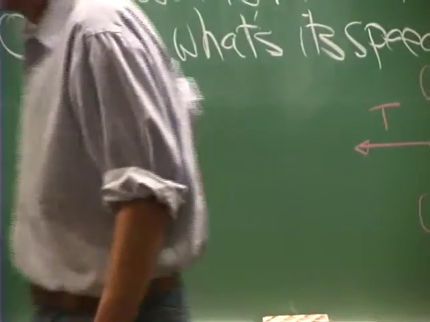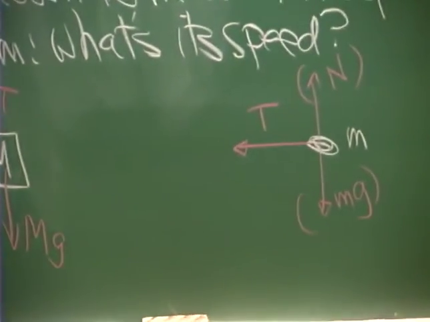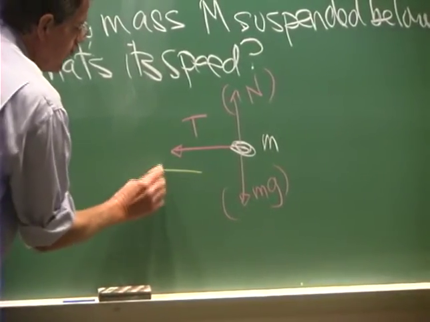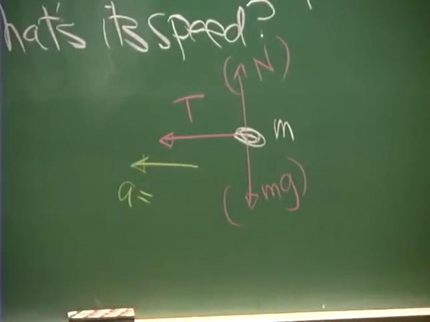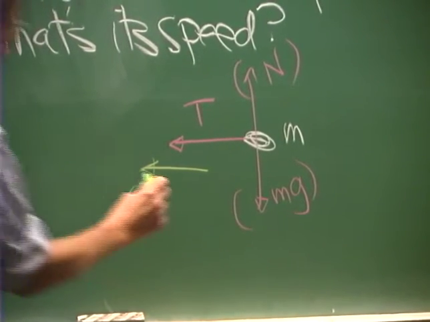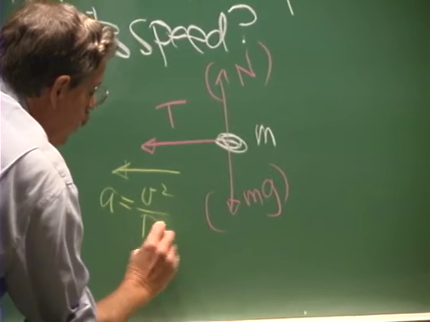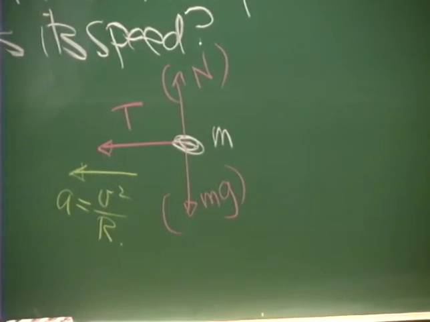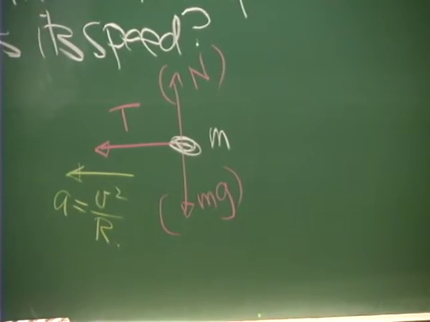Now, today, acceleration is green. I'm going to draw in here the direction of the acceleration and the amount of the acceleration, which you quoted for me: since this thing is going in a circle, the acceleration is v squared over r. But that's in green to remind me that's not another force, that's the consequence of the force.